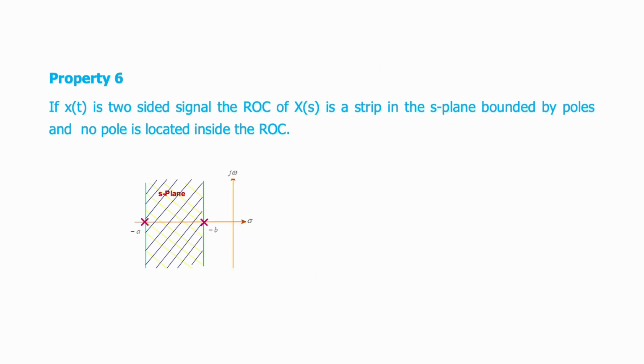The next property is: if x of t is a two-sided signal, the region of convergence is a parallel strip bounded by two poles, and no poles lie inside the ROC. This is the parallel strip or bounded region. It does not contain any poles.